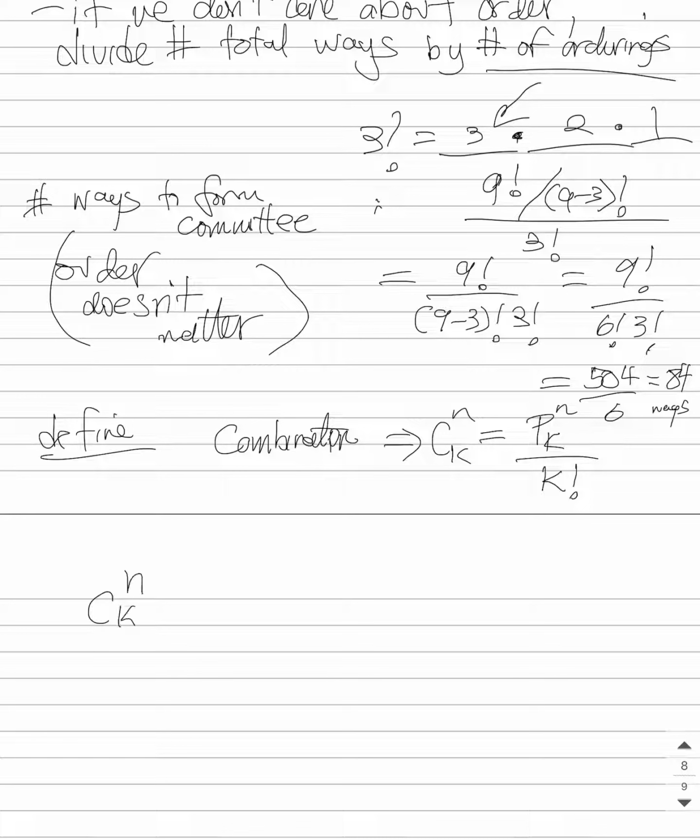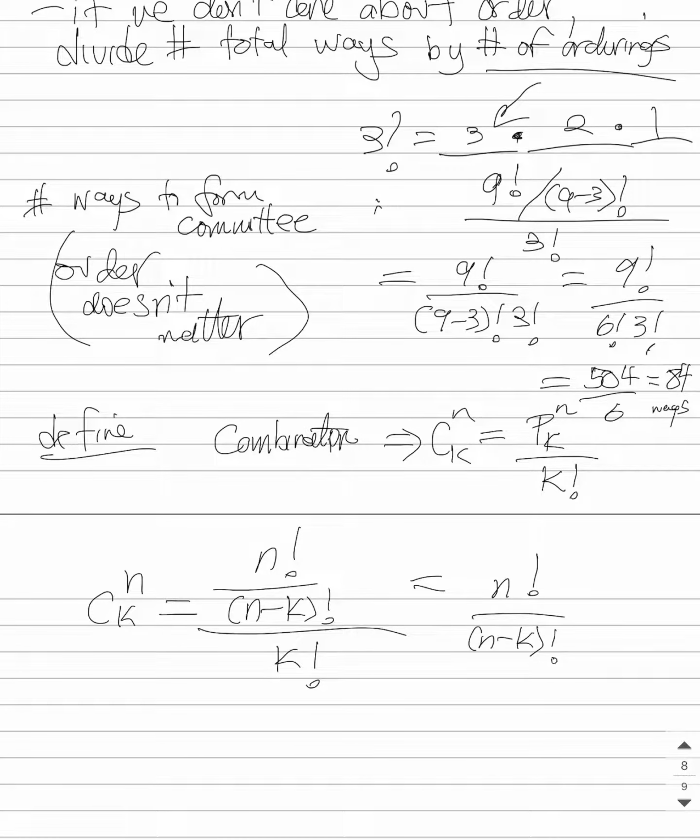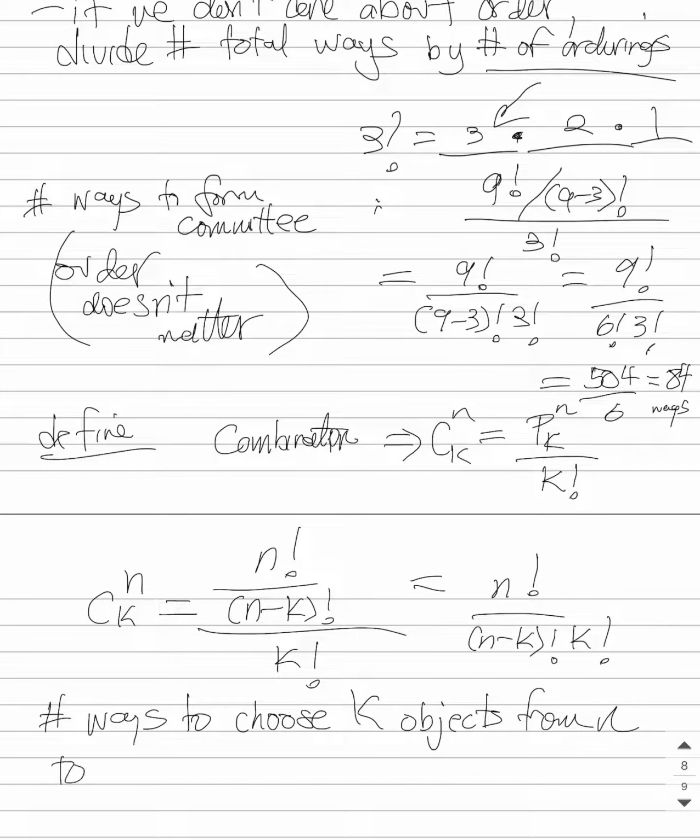So this permutation is going to be n factorial over n minus k factorial, divided by another k factorial. So very scarily and generally, it kind of looks like this. But this is the number of ways to choose k objects from n total where the order doesn't matter.